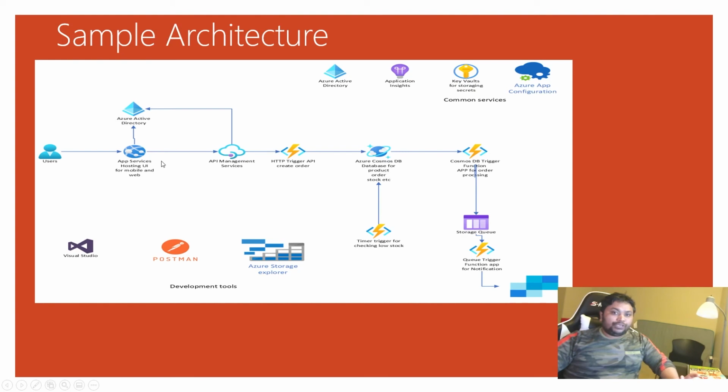And we are going to develop the API, which can be hosted in multiple ways. We can host the API in App Services too. For the sake of demonstration, I am going to use an HTTP trigger serverless function app. Serverless is a boom nowadays, and Azure Functions is the serverless offering of the cloud.